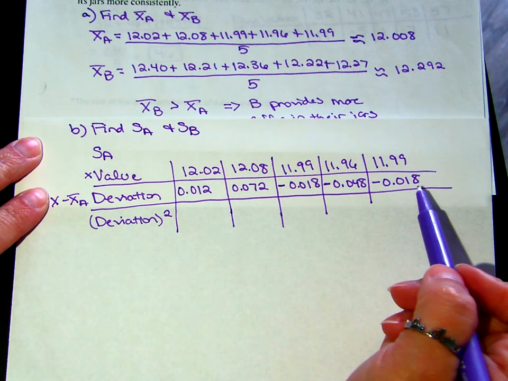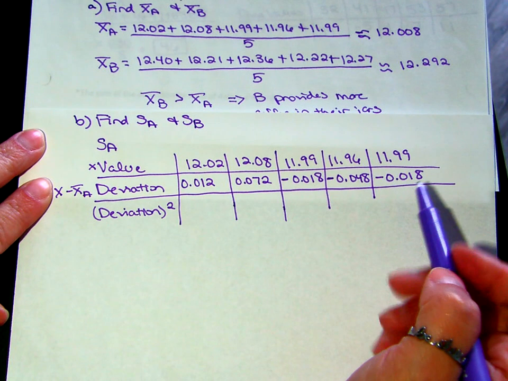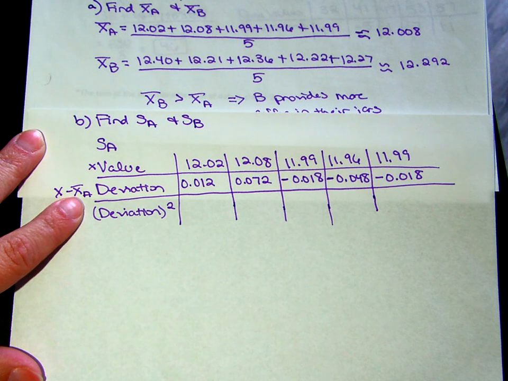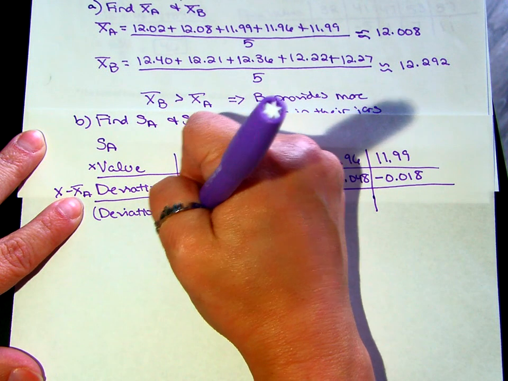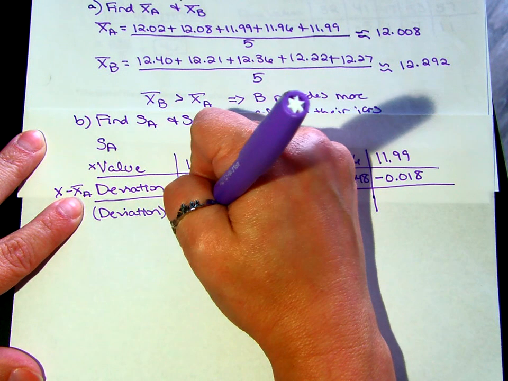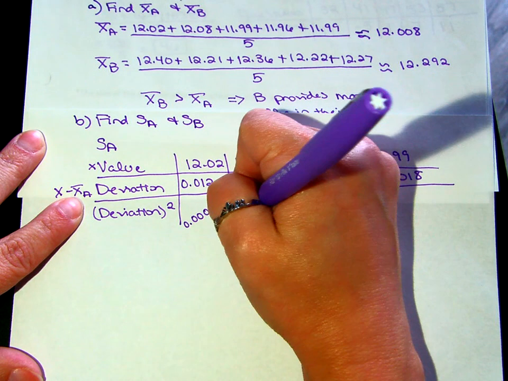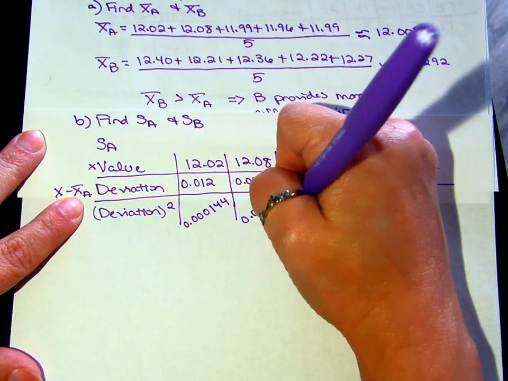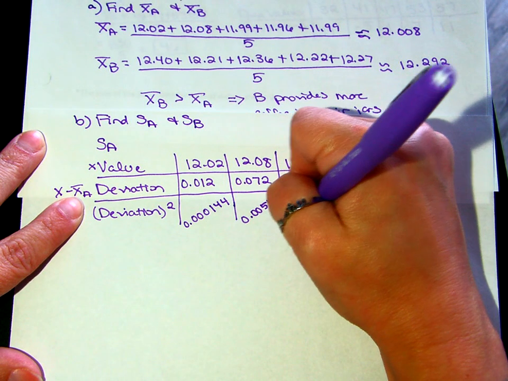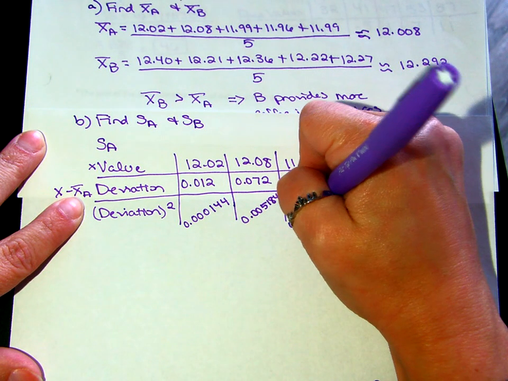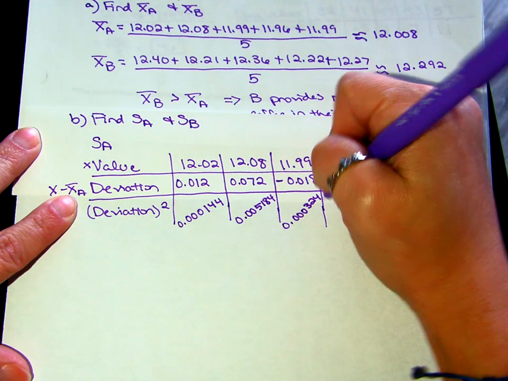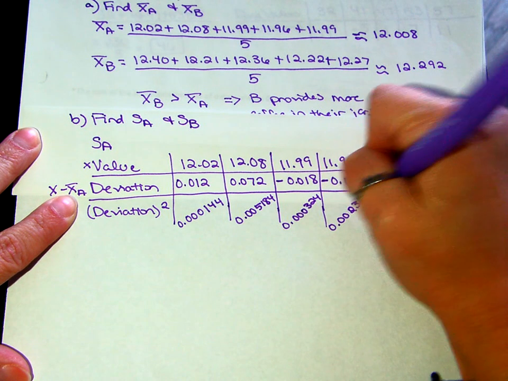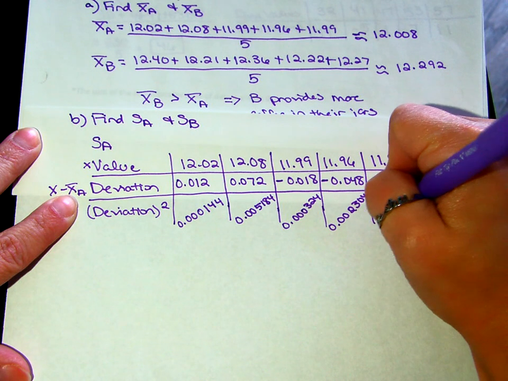I'm not going to be able to fit them in these little boxes. 0.000144, 0.005184, 0.000324, 0.002304, and 0.000324.